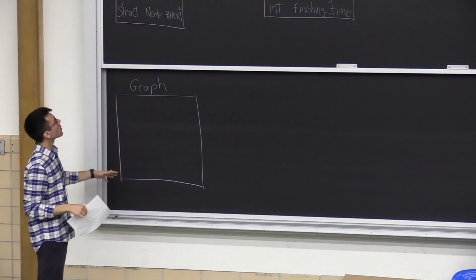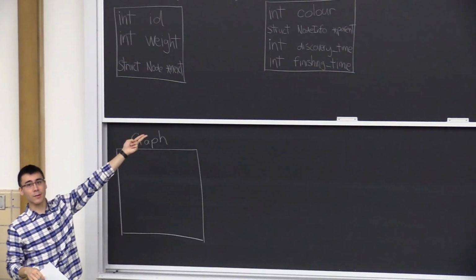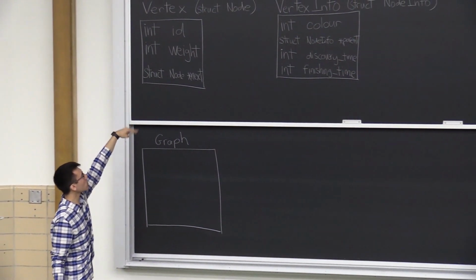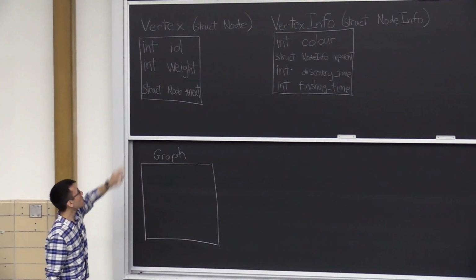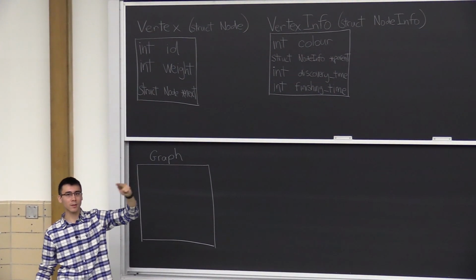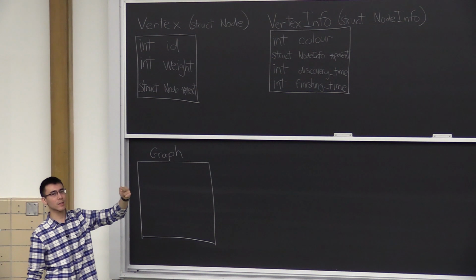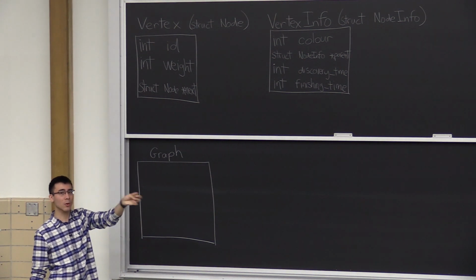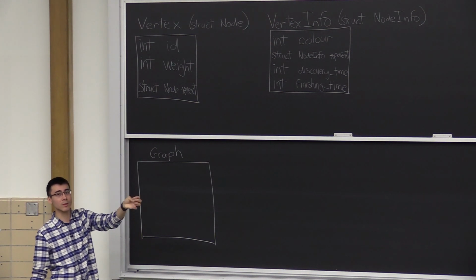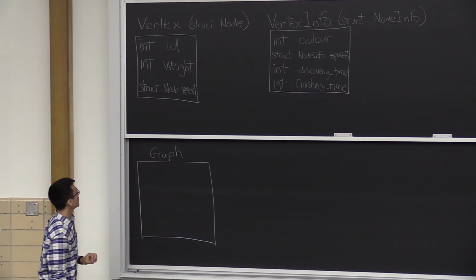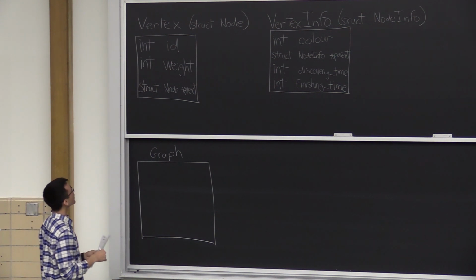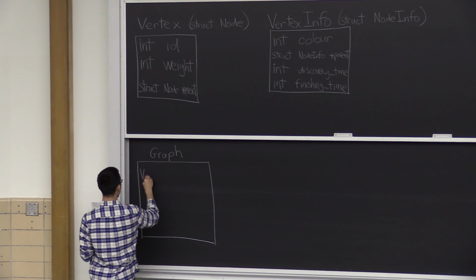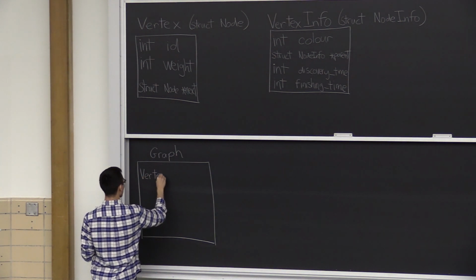Well, we want to hold basically that and that, right? And regarding the linked list node, we want to make sure that we can have a bunch of linked lists, right? Because each linked list is going to correspond to one of the vertices. And then the nodes in the linked list will actually hold the neighbors of that vertex. Okay, so we're going to want that vertex type. So we're going to want one of the members to be a vertex.